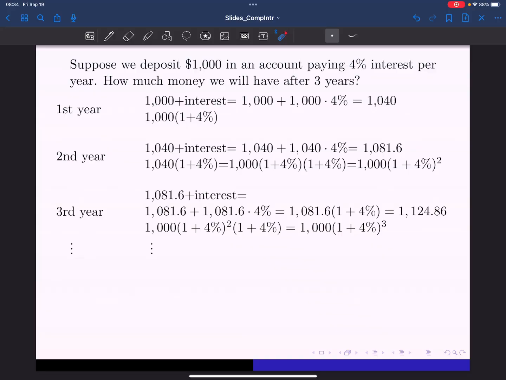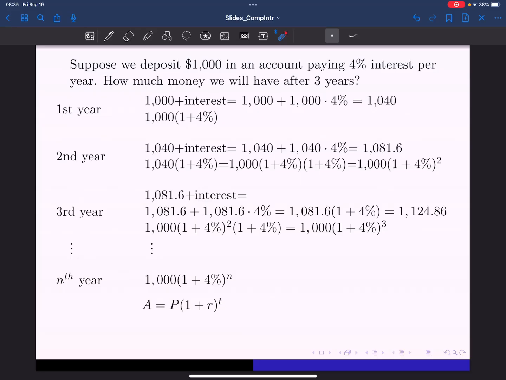Third year, we had 1 plus 4% to the power 3. And we can proceed until we get to the nth year. According to the pattern, we would have 1,000 times 1 plus 4% to the power n for the nth year.